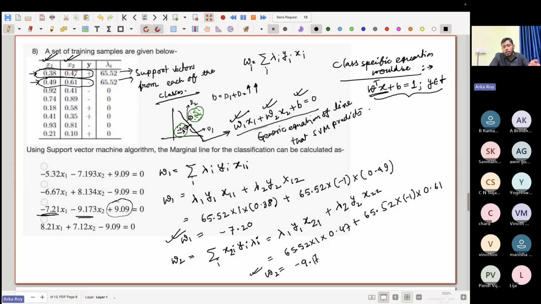You can just revert the formulation for the negative class.